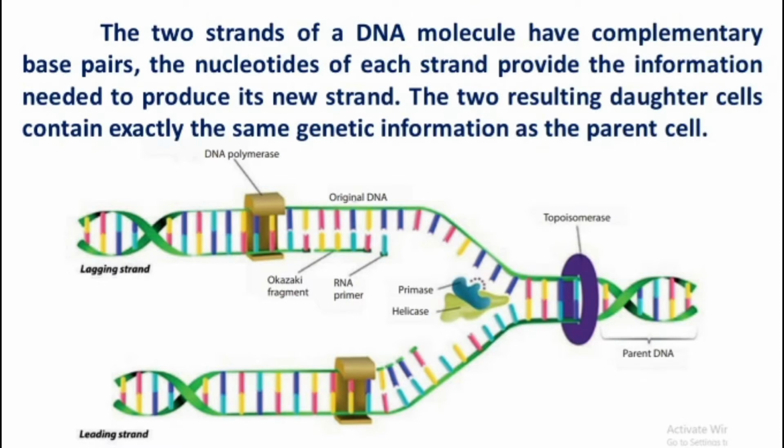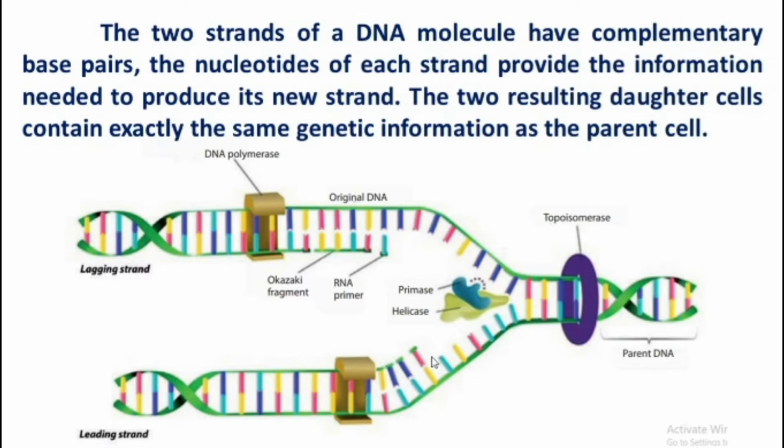The two strands of a DNA molecule have complementary base pairs. The nucleotides of each strand provide the information needed to produce its new strand. So look at this picture. The coiled DNA has been uncoiled and the double strand has been separated, and each strand will act as a template.